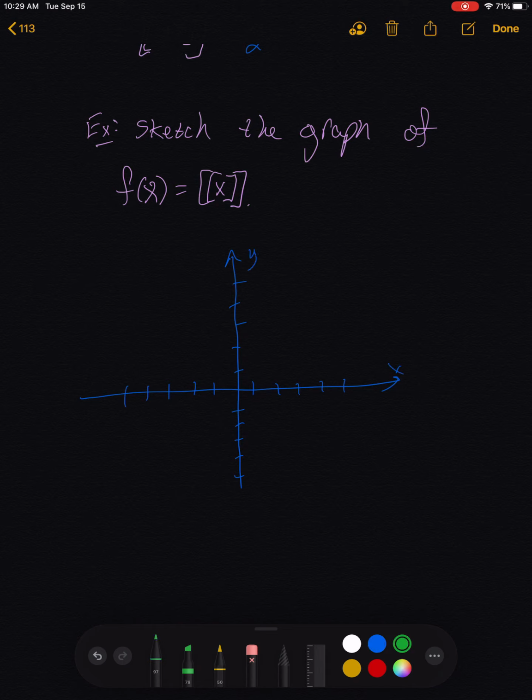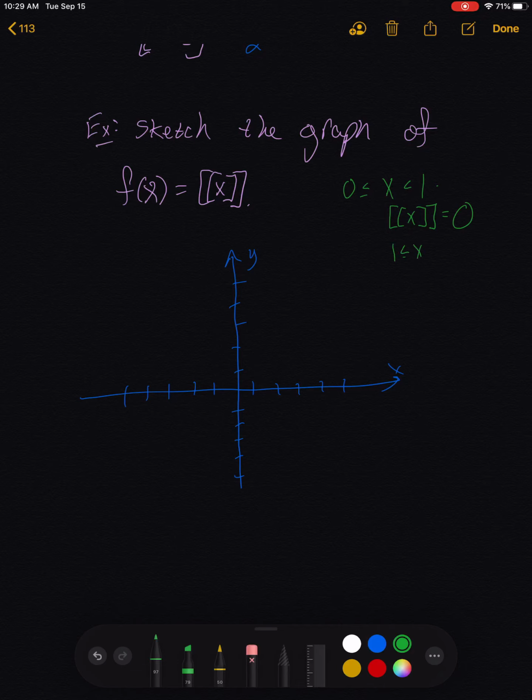What I mean by that is, if x is greater than or equal to 0 and less than 1, then the greatest integer function for x is going to send us to 0. So if x is 0 or 0.1 or 0.2 or 0.3 and so on, all the way up to 0.99999, this would always get sent back to 0.